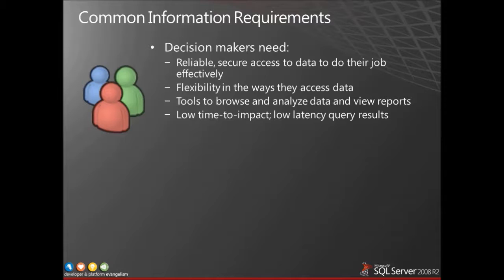Understanding your decision makers and those end users is important as well, and appreciating that they need reliable and secure access to data to do their job. They need flexibility in the way that they get the data. They need tools, and they need the data query. There is no point giving them stale data. It could be too late to support the decisions they need to make.